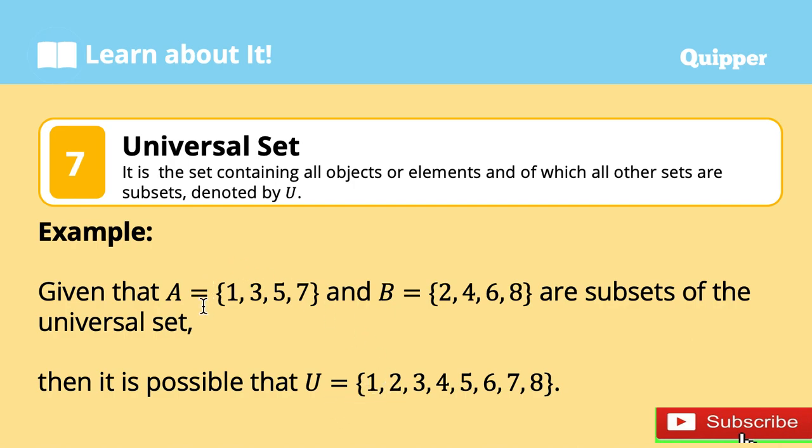And these two sets are subsets of the universal set because we can find all the elements of set A in the universal set, and also all the elements of set B.